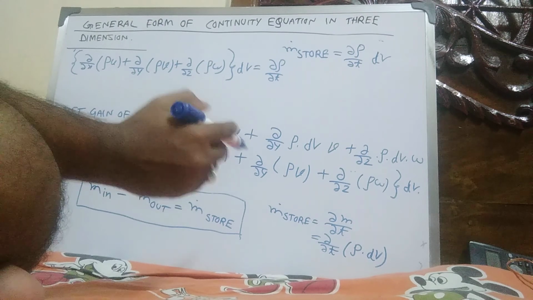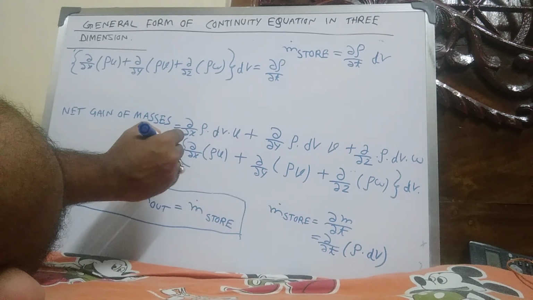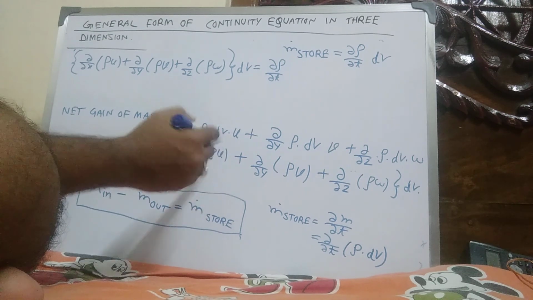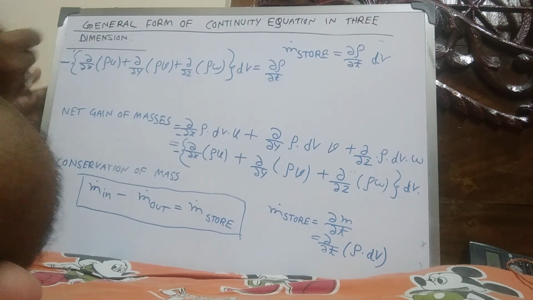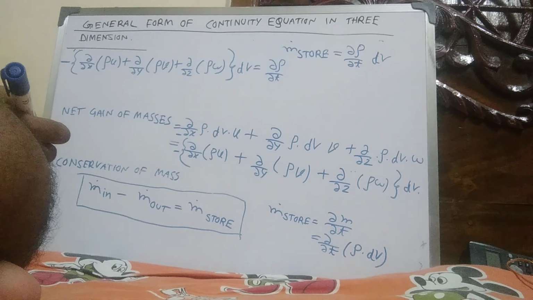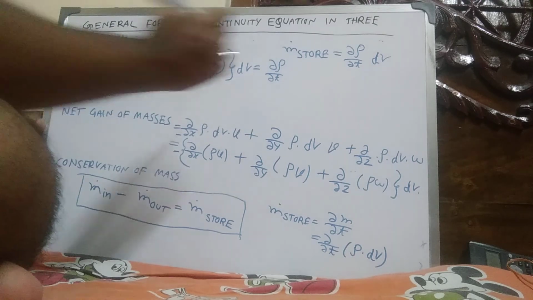Oh, this value has a negative sign. Sorry, the net gain term will be negative, and this is also a negative sign: d rho by dt.